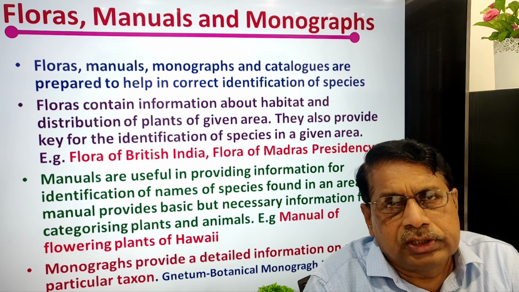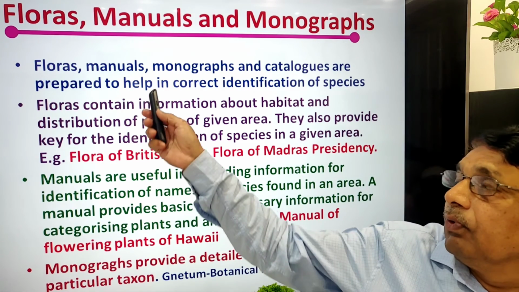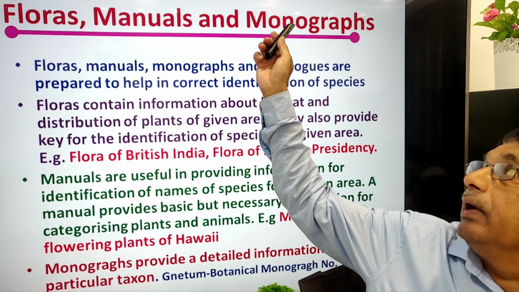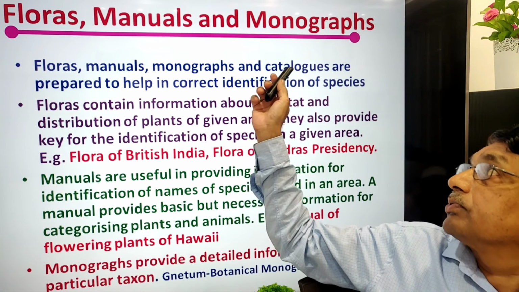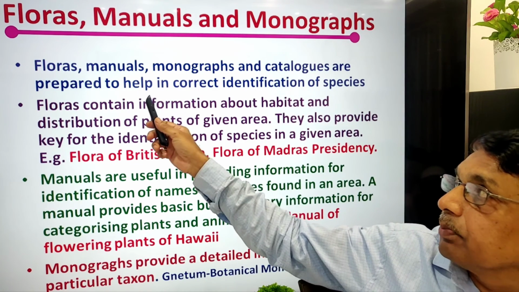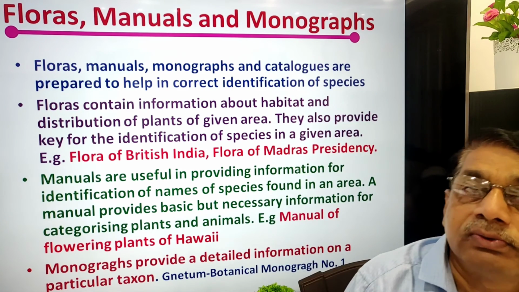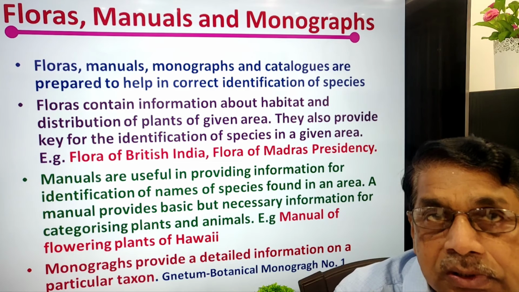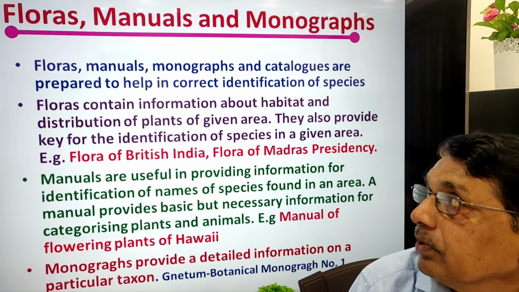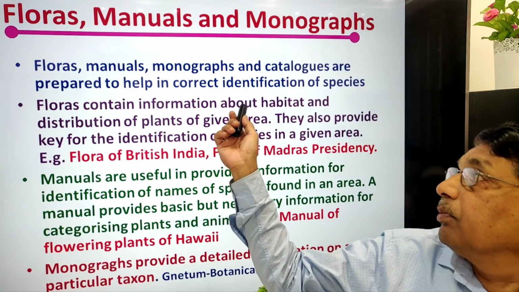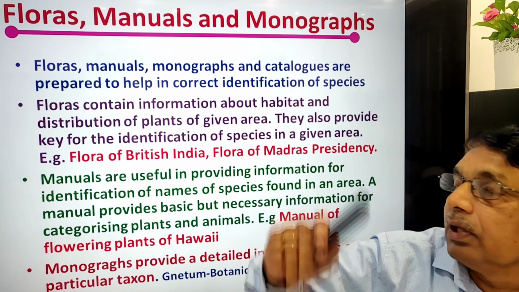Fauna of desert, fauna of forest. Floras, manuals, monographs and catalogs are prepared to help correct identification of species. For guidance purpose, some books are available. Floras contain information about habitat and distribution of plants in a given area.